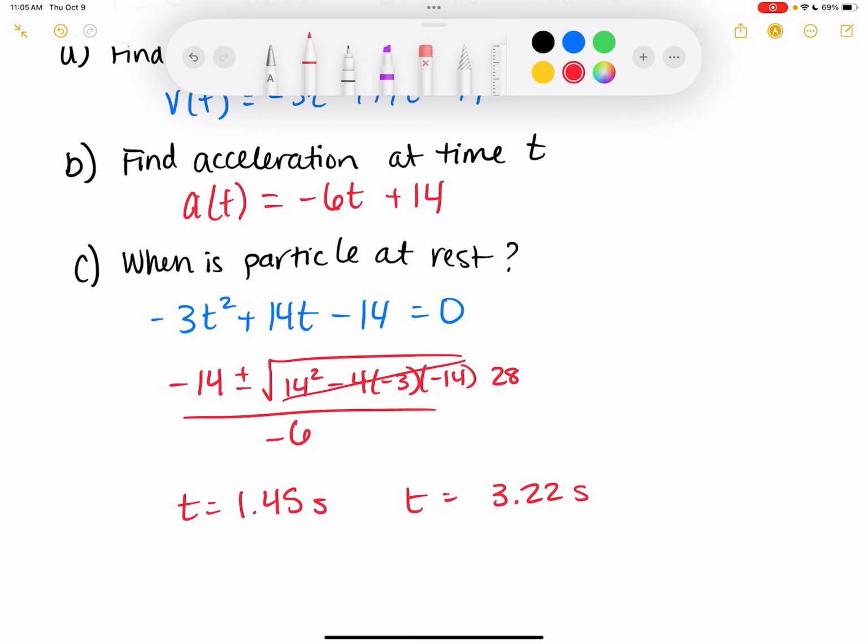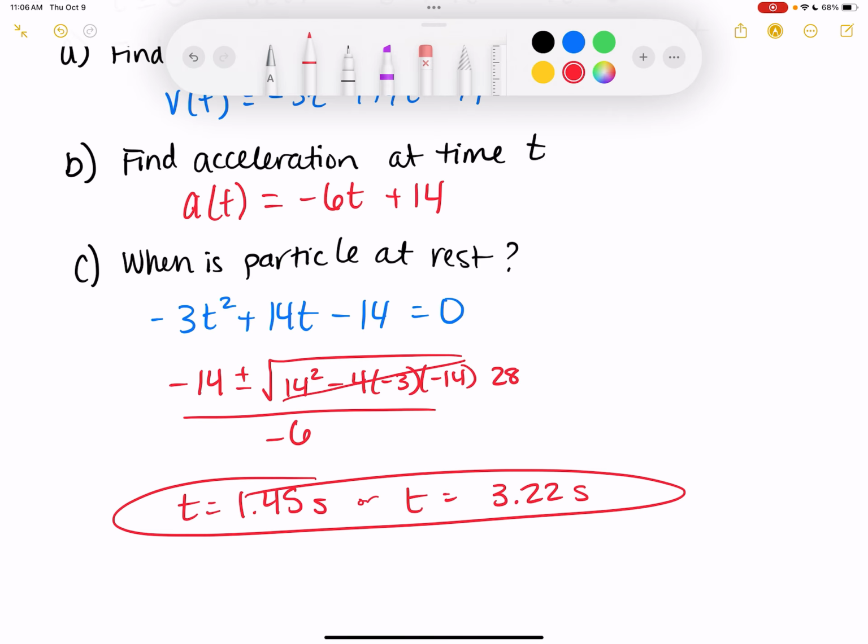I got 1.45 seconds and 3.22 seconds. But I don't know if you checked that, if you got the same thing or not. You got what? 1.45 and 3.22. I got 12.3. Oh wait, I know. You said everything inside the radical is 28. That's what I got, I think so.